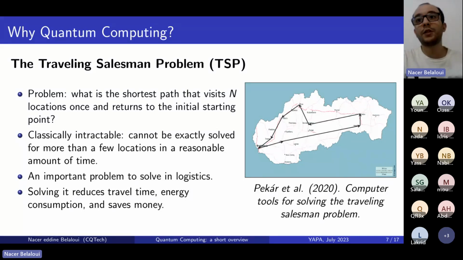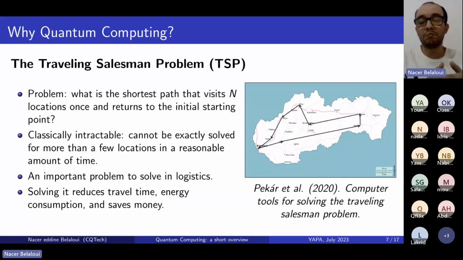So you can see here on the right a map of Slovakia. Let's say a company has a truck or a fleet of trucks that start at Bratislava, and they want to visit several cities delivering goods and maybe also loading some goods. And you want to visit all of the cities and go back to Bratislava in the least amount of time.